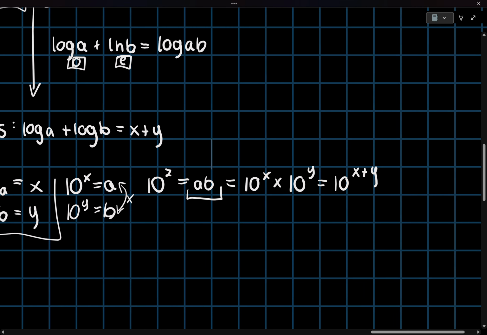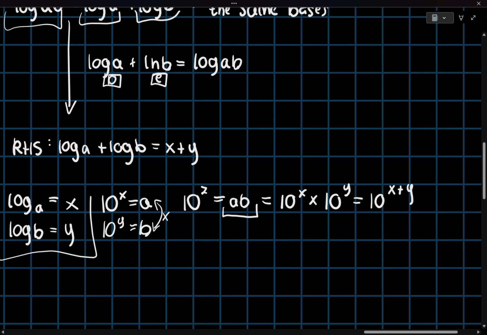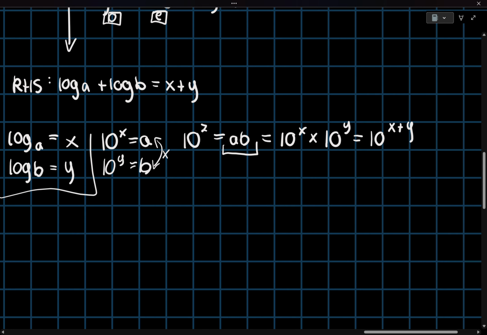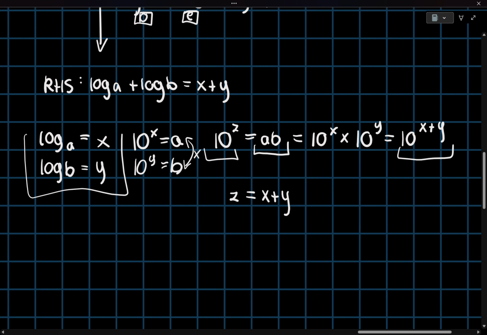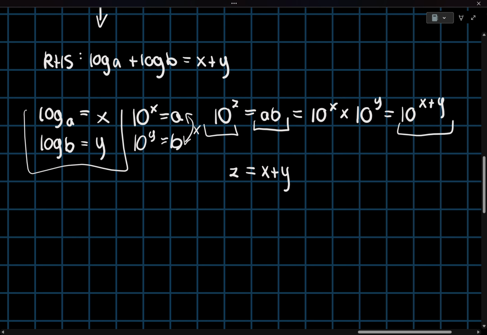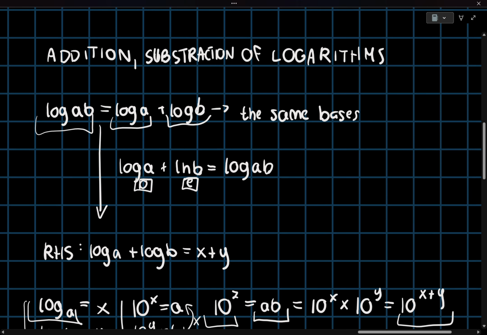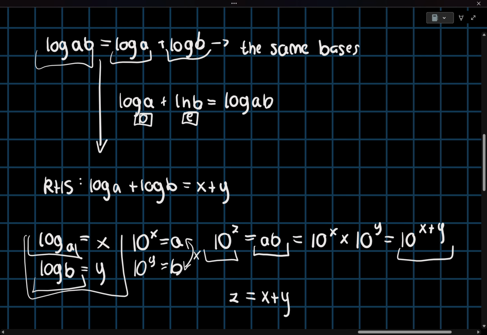So now we just have to simplify it a little bit. From this, and this, we actually get that z equals x plus y, while x was our logarithm of a, y was our logarithm of b, and z was our logarithm of ab.